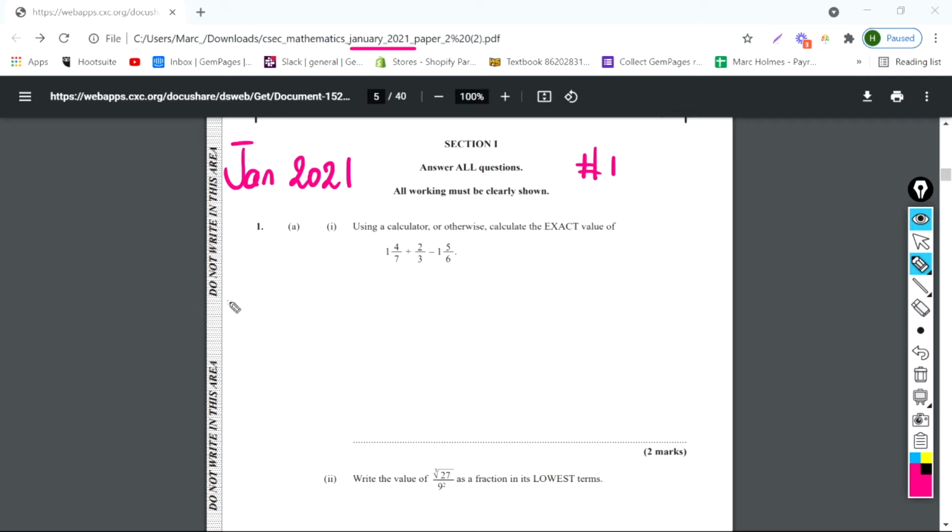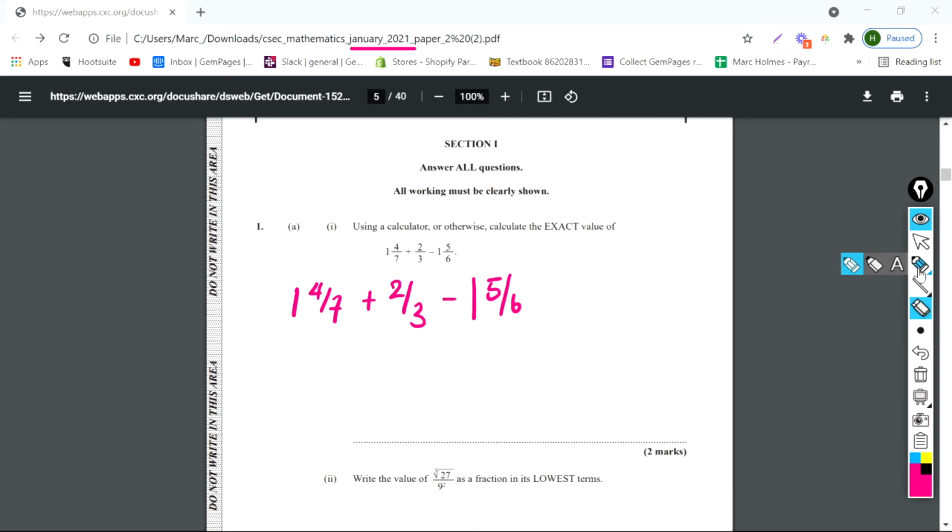Cool. So for the first one here, we have 1 and 4 over 7 plus 2 over 3 minus 1 and 5 over 6. With these types of questions, guys, the first thing I like to do is follow the BODMAS rules, and the second thing I like to do is change everything to fractions.